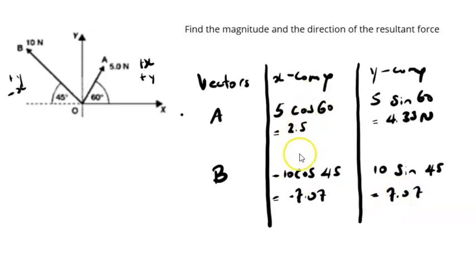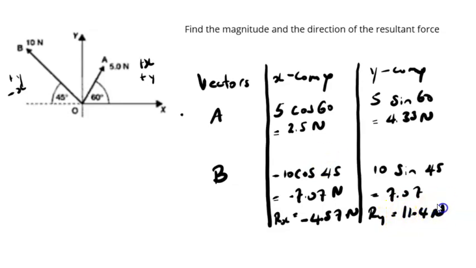I'm going to call this Rx, the resultant of the forces in the x direction. When we add 2.5 minus 7.07, we end up with minus 4.57 newtons. And Ry, we end up with 11.4 newtons.